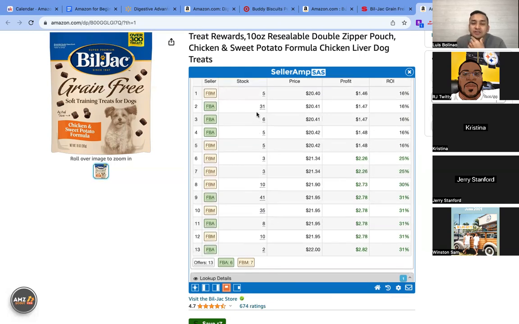The main rule is that the buy box usually goes to the cheapest price. For this instance, they're all pretty close as far as pricing. So I don't really know how this share is going to go, and I'm just going to assume that I'll be sharing the sales with all these people, up to this point right here.